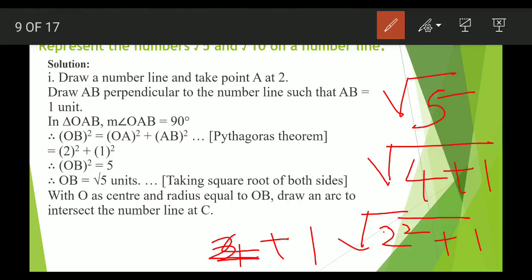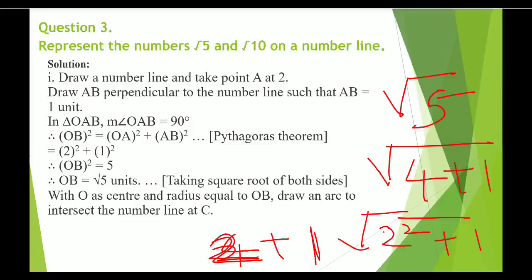So in this form, I am going to plot a triangle where one side will be 2, the other side value will be 1. Why I have taken this? I hope you all have understood the calculation which the teacher had done here.